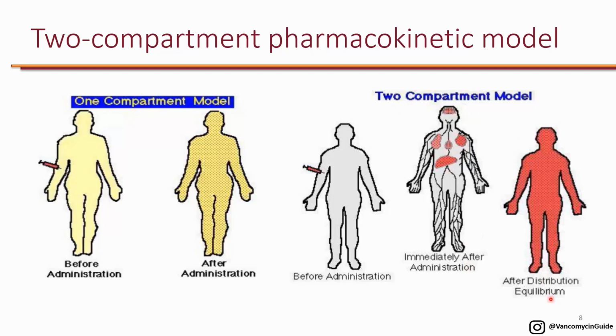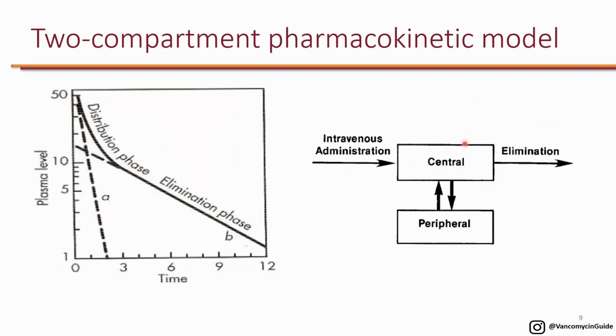One compartment is the central compartment, which is basically circulation. The second compartment is when vancomycin goes from the central compartment to the peripheral tissue. So the peripheral tissue is that second compartment. This is significant because as we administer vancomycin intravenously, it goes into the central compartment, which is circulation, and normally it will be eliminated through the kidneys.